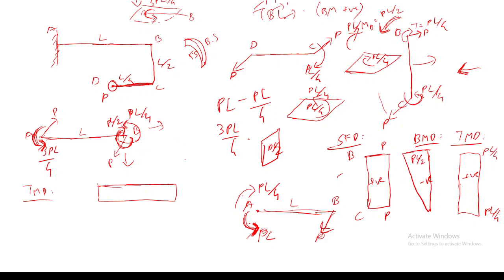Positive. What is the sign convention I have told you for twisting moment? Positive, because here, what is the twisting load? P into L by 2 is the twisting moment, right? So it will be positive since, when you use your right hand thumb, it is pointing towards the cross section.